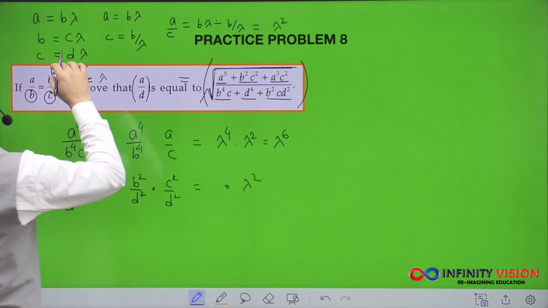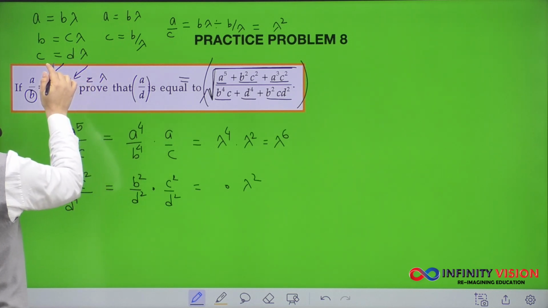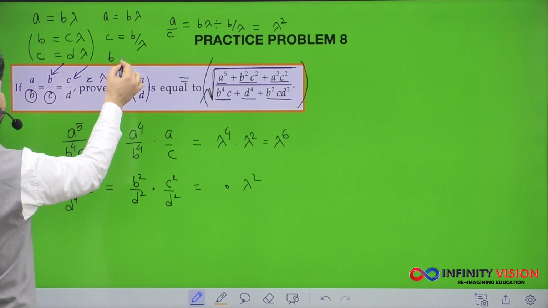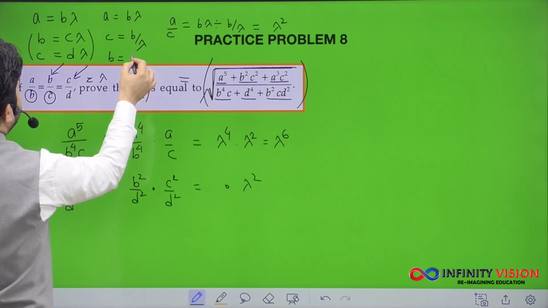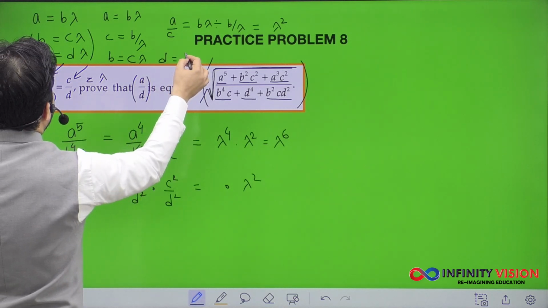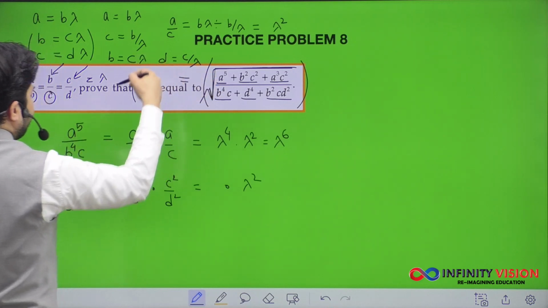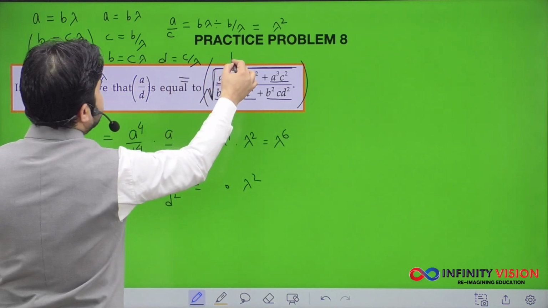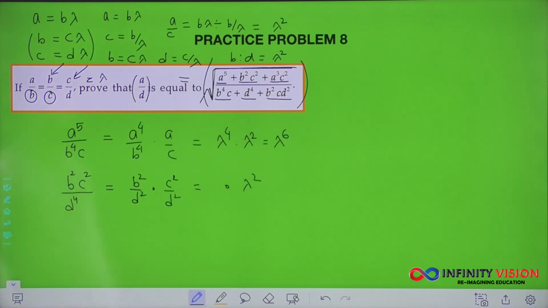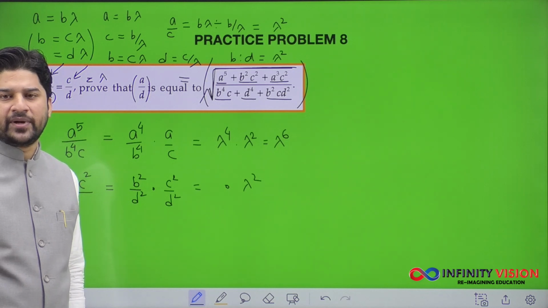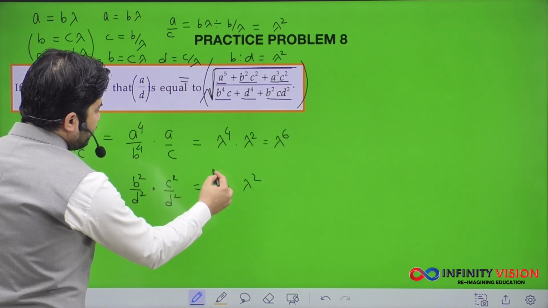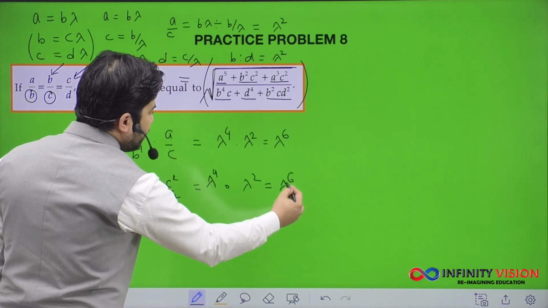For finding b by d, I can see that b is equivalent to c lambda and d is equivalent to c by lambda. So when I divide, I'll get b is to d as lambda square, because c will cancel out and lambda over 1 by lambda becomes lambda square. And the square of that would become lambda to the power 4, which means this will also be equivalent to lambda to the power 6.